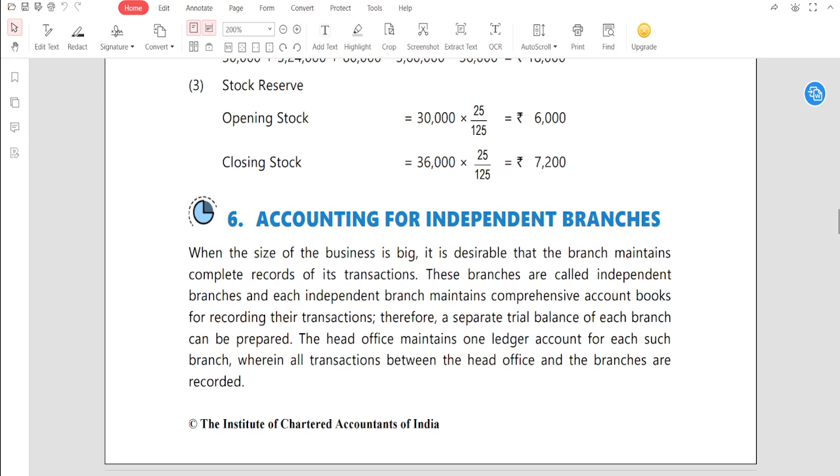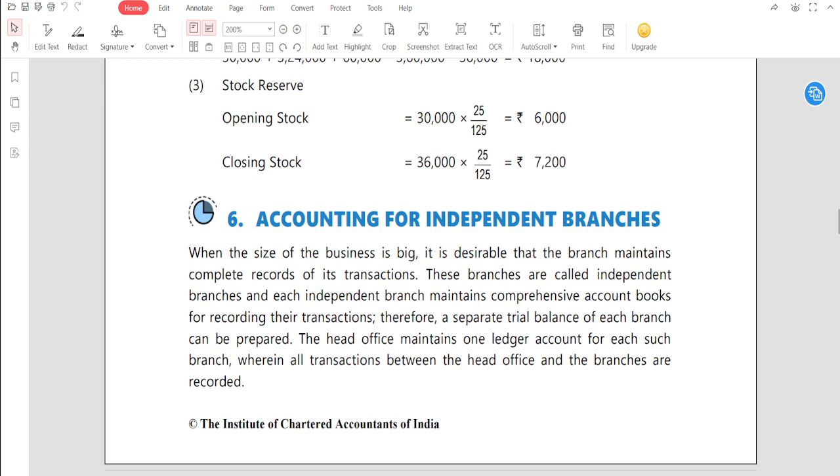Suppose XYZ is a company and XYZ has a branch called WVY. So when XYZ company has a branch WVY which wants to maintain its whole branch system through separate books of accounts, because WVY caters to a very big market in South India and XYZ caters to the market only in the central and northern part.